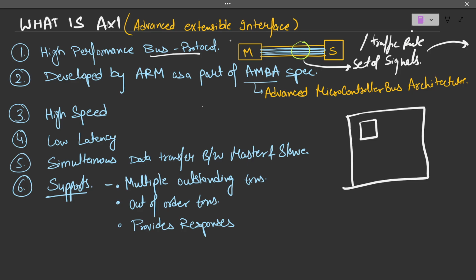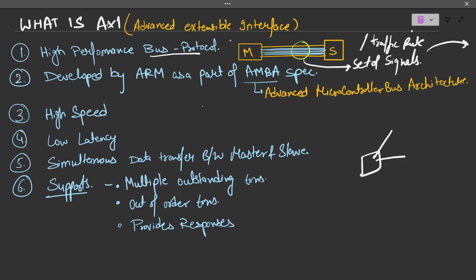Among the CPU you might be having different modules and you want to connect them together. The connections which are being established, majorly these ARM specifications are being used to connect these modules. So AXI is a part of the ARM specification.